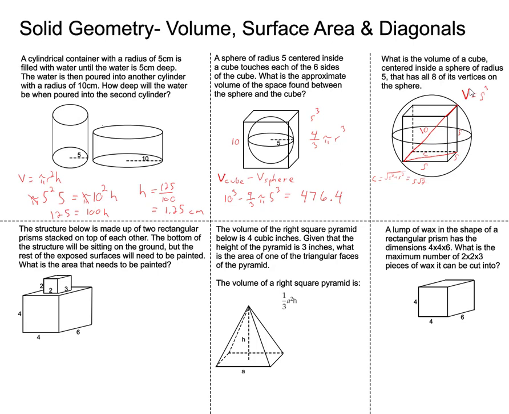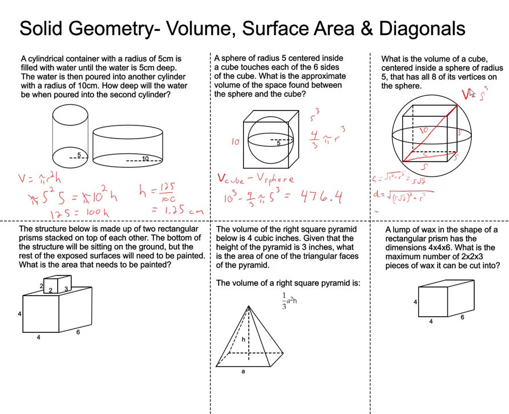So now that we have that, we can derive the formula for a diagonal of a cube. The diagonal is going to be c squared plus s squared, and then the square root of all that. Substituting in s root 2, we can write that as the square root of s root 2 squared plus s squared.